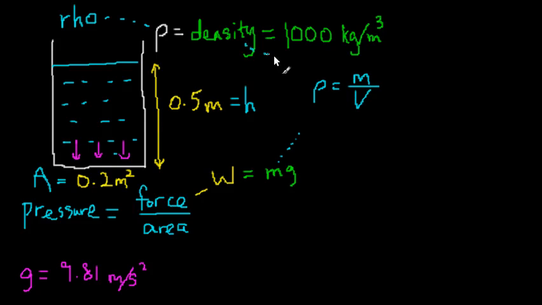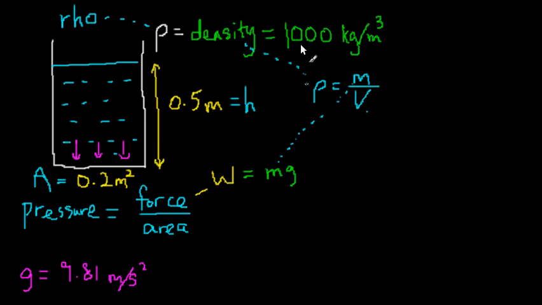So that's density, and that's mass, which is m. According to this formula, if we know the volume and the density, we should be able to find the mass.